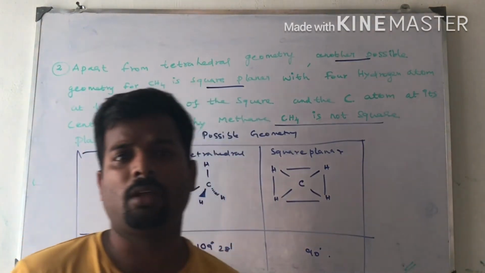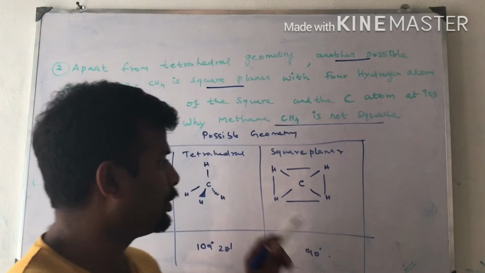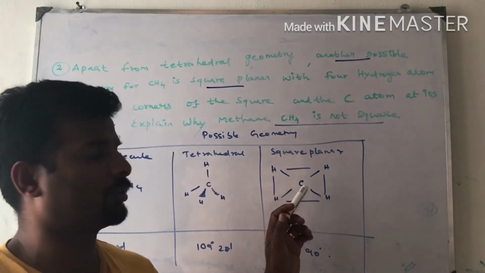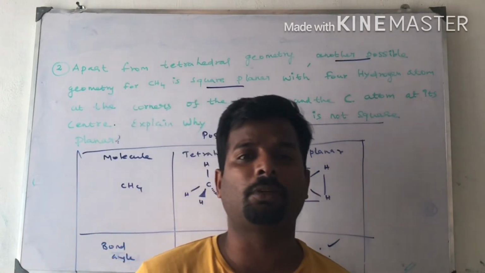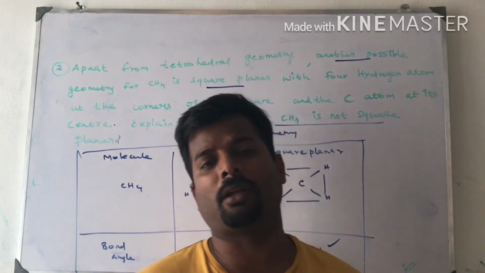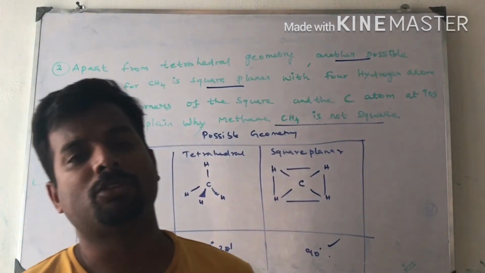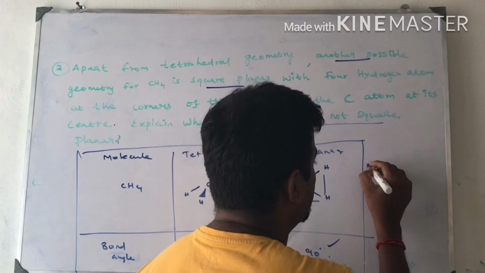The reason is the bond angle between each carbon and hydrogen in the square planar is 90 degrees. A minimum bond angle means the distance between one bond pair and another is minimum, so there is maximum repulsion.